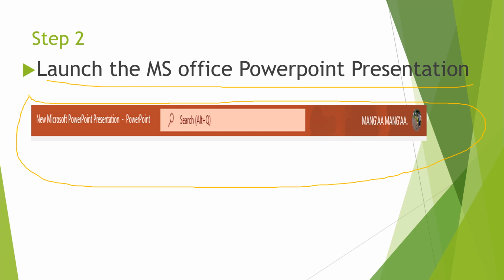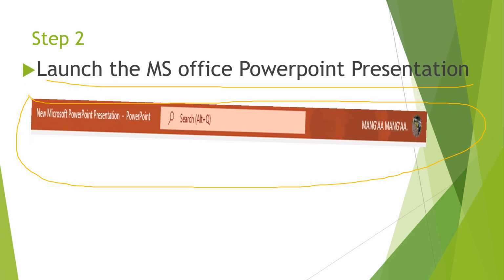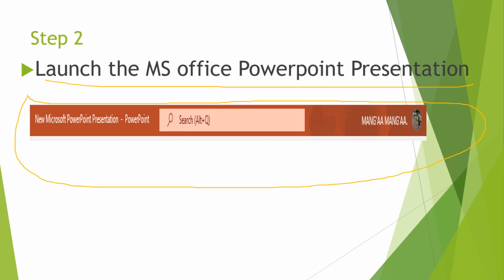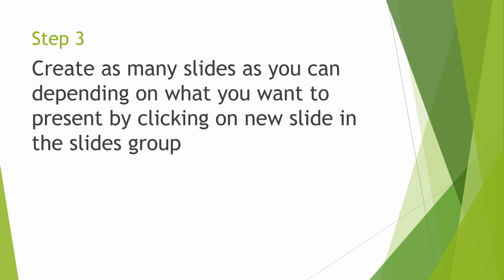After we have launched it, we now proceed to step number 3, which is creating as many slides as you can, depending on what you want to present, by clicking on the new slide in the slides group. So I am going to show you what a group is in MS Office PowerPoint presentation.